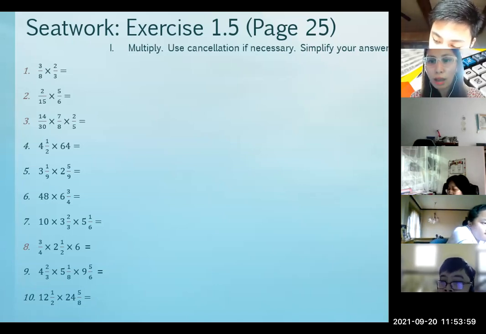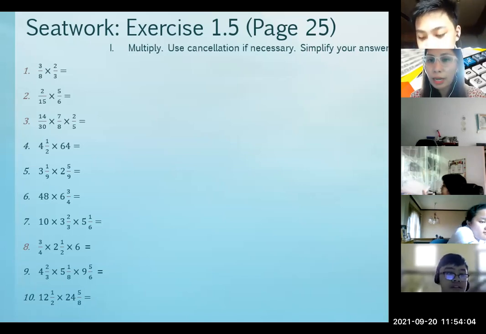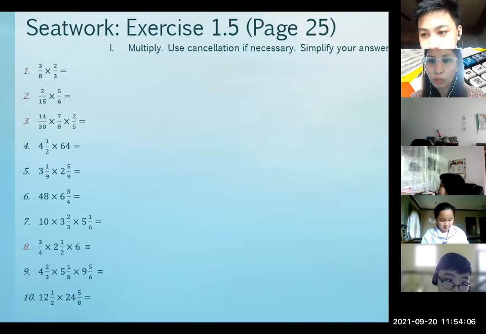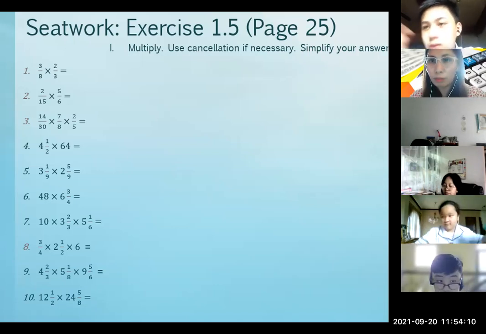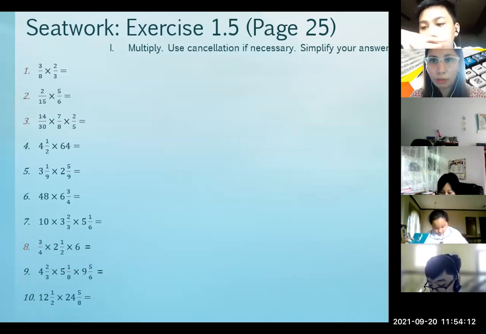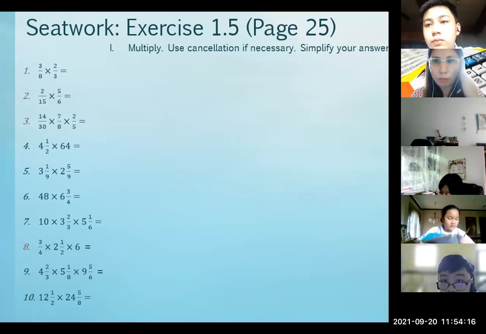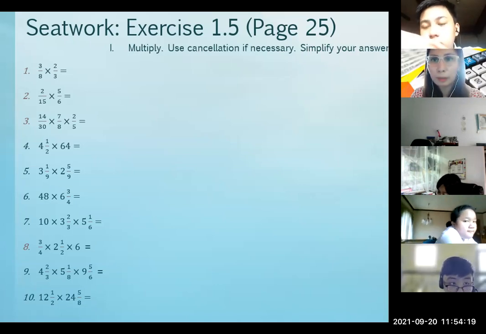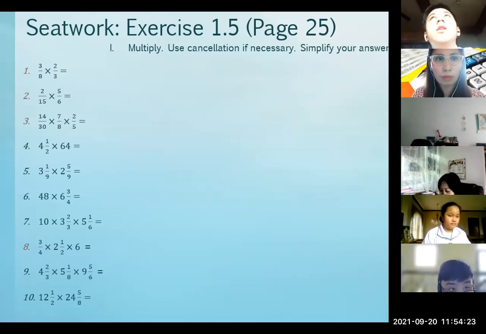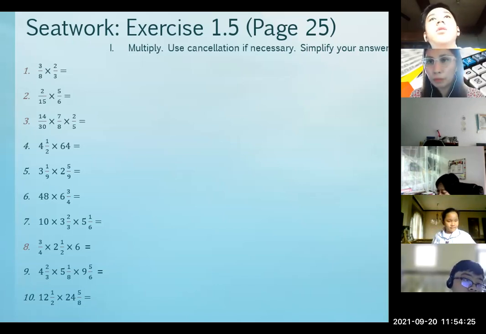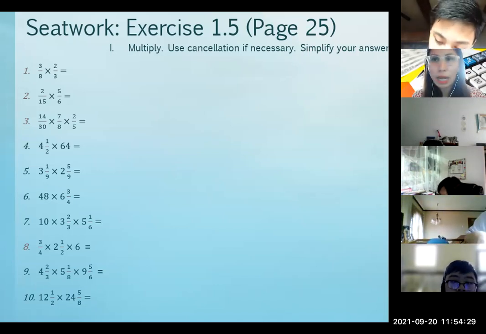If you do not have your book, please copy and answer on your notebook. Copy and answer.